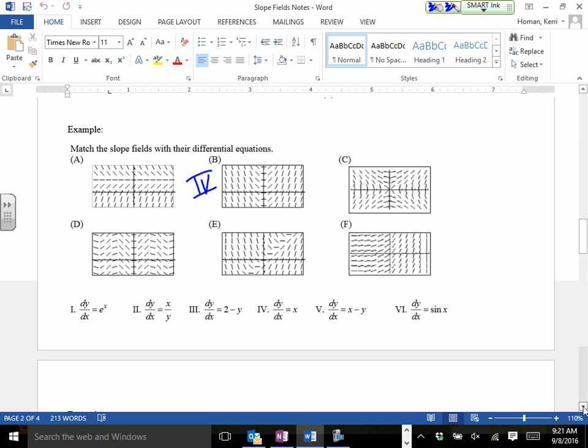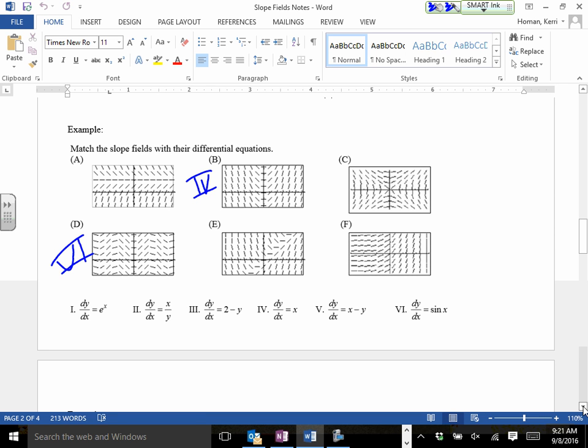If we see that all of the x columns have the same slope, that's kind of what gives it away, right? Pod 2, give me one. D is number 6. 6 is sine x. This looks like a negative cosine curve, right? Those should match together. Good.